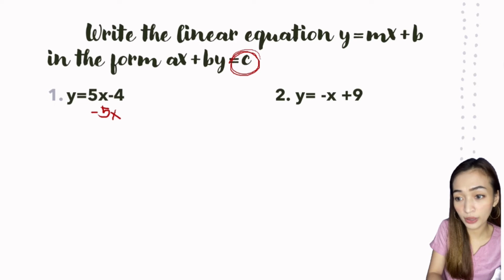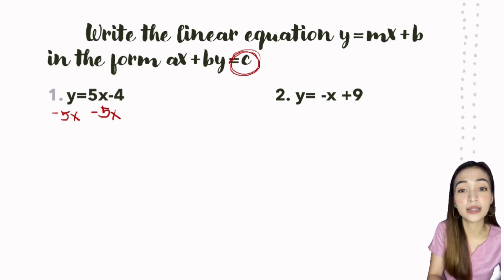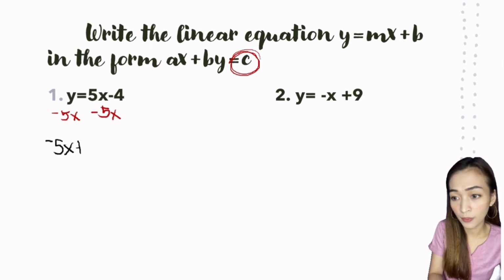So, we will also add the negative 5x to our left-hand side. Now, negative 5x plus y equals 5x plus negative 5x is 0. So, we have negative 4.